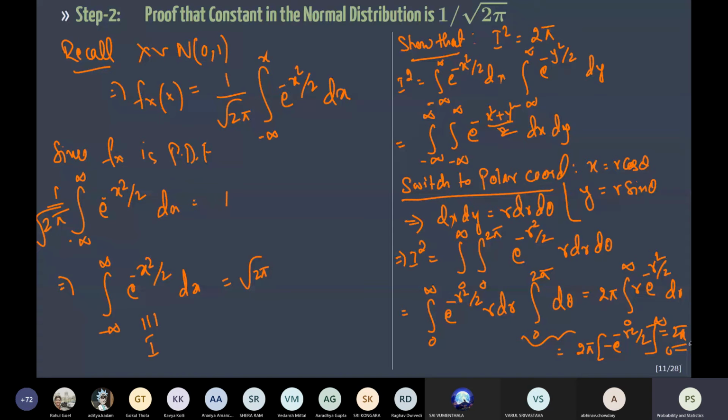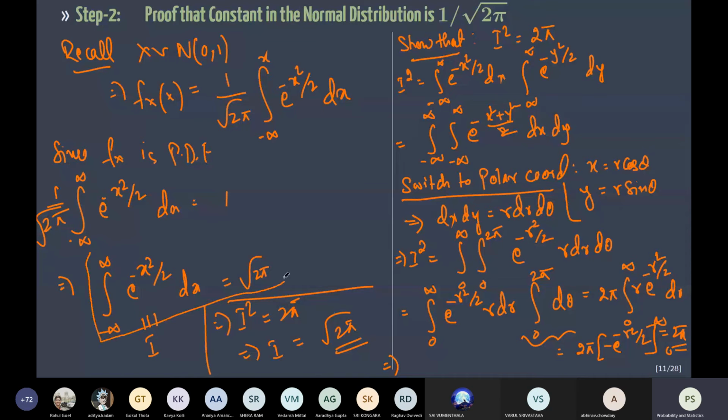So I square is 2 pi, which implies I is square root of 2 pi. This is what we were supposed to prove. So this proves that the constant of integration must be 1 by square root of 2 pi in the standard normal.